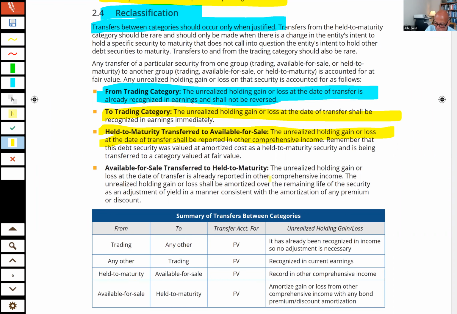Okay, so the unrealized holding gain or loss at the transfer date is already reported in comprehensive income. The unrealized holding gain or loss shall be amortized over the remaining life of the security as an adjustment to yield in a manner consistent with the amortization of a premium or discount.